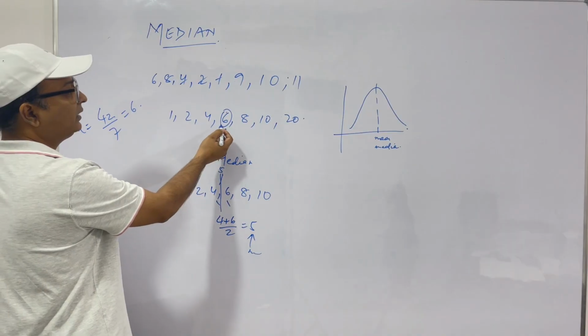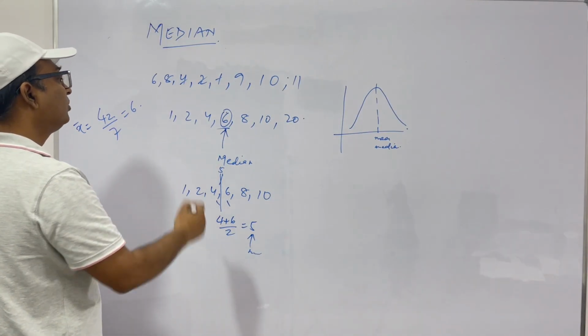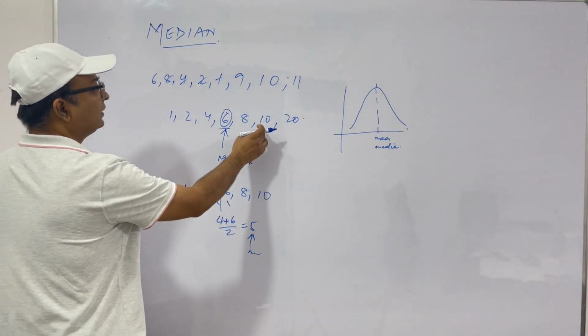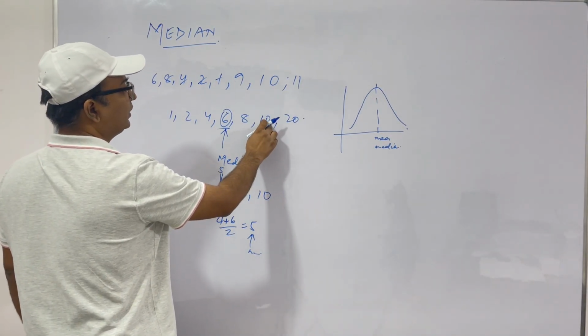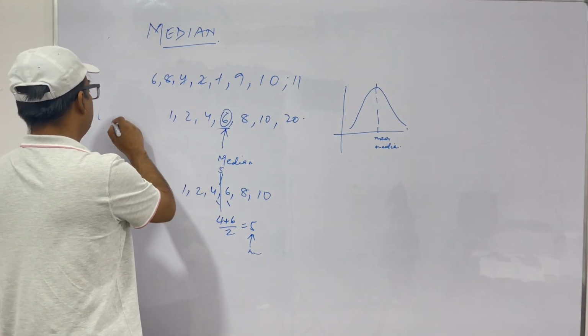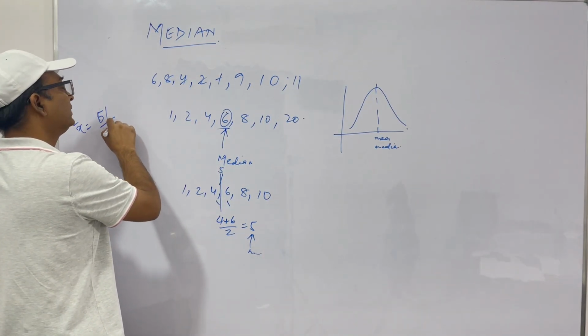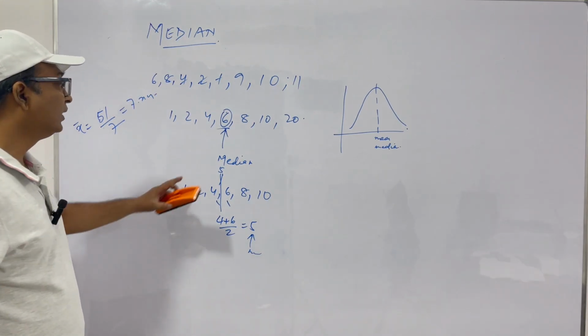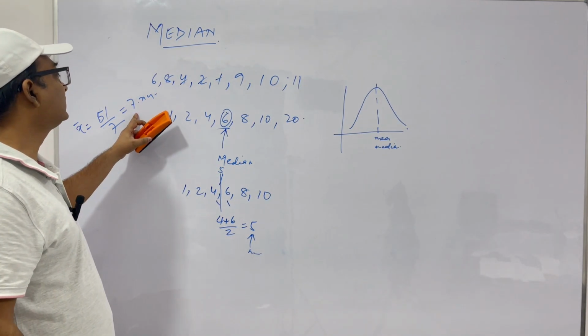The median still will be 6. What will be the arithmetic mean of this figure? This is 42 minus 11, that is 31, plus 20, 51. 51 by 7. So this will be 7 point something. Now median is 6, mean is 7.